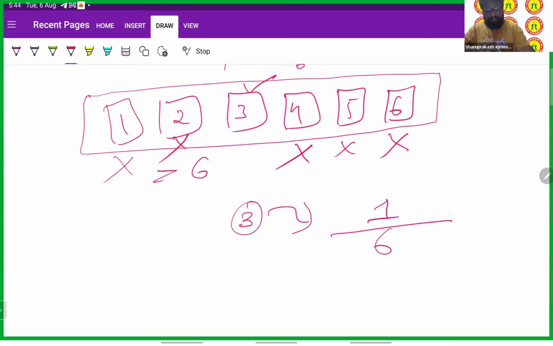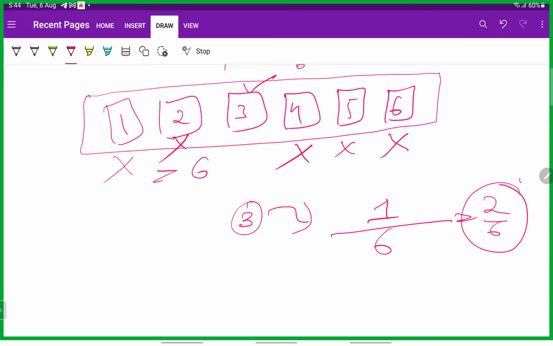One time. But how can you get it 2 times or 3 times? How can the probability be 2 times or 3 times? Because 3 is just one number, it will become 1 by 6. But then what if it should be 2 by 6? What should the question be if we should get 2 by 6?